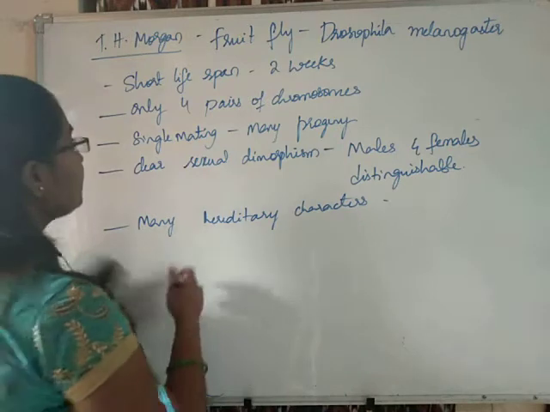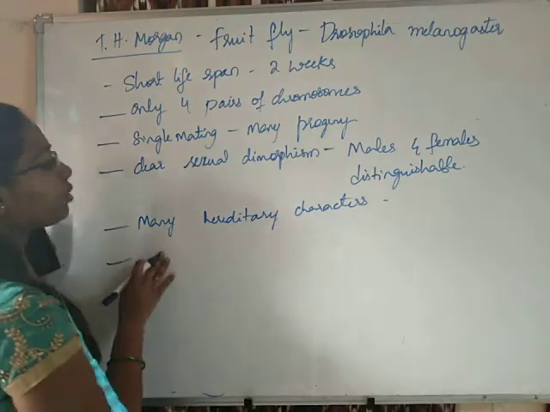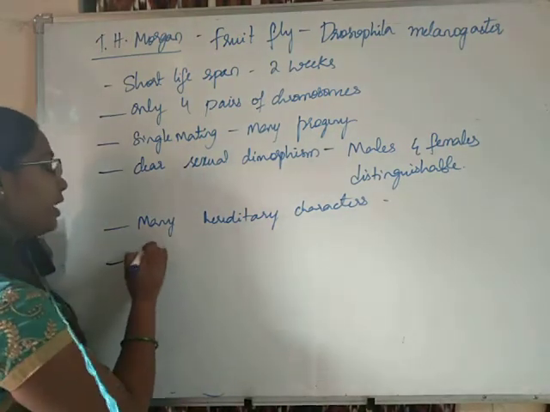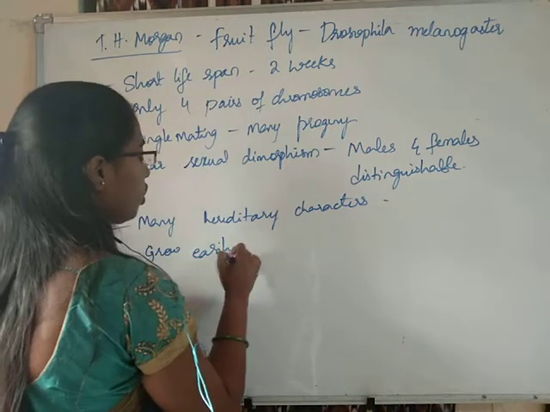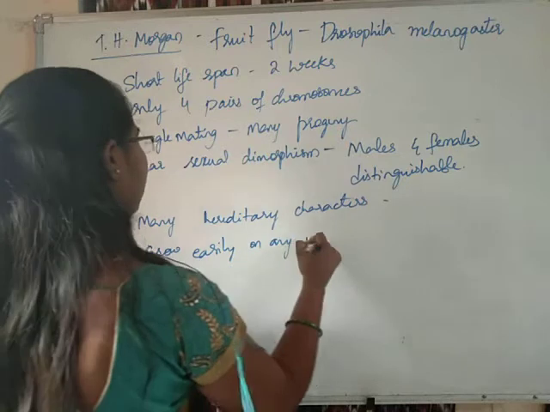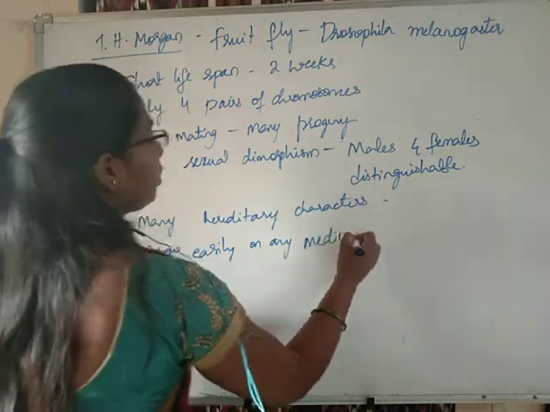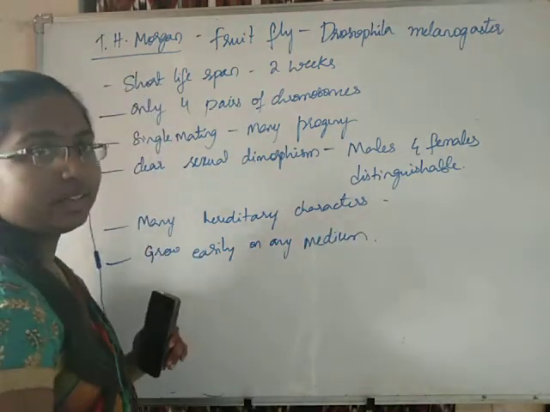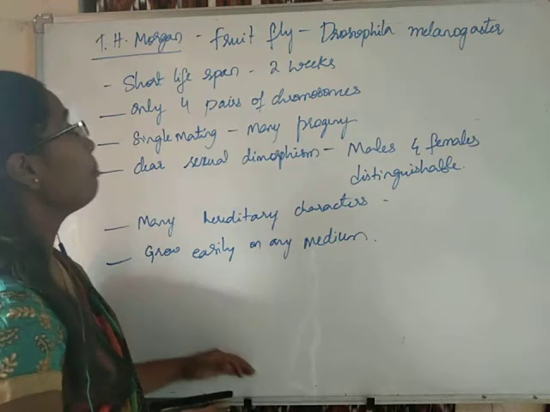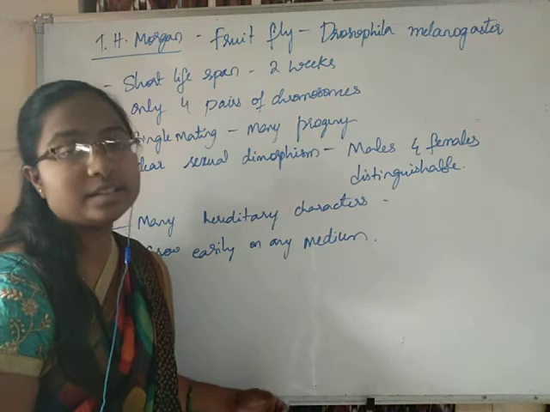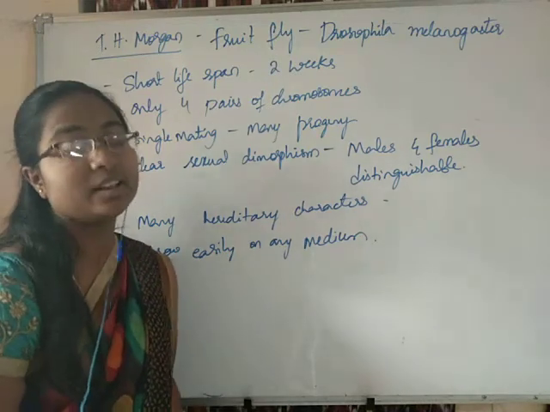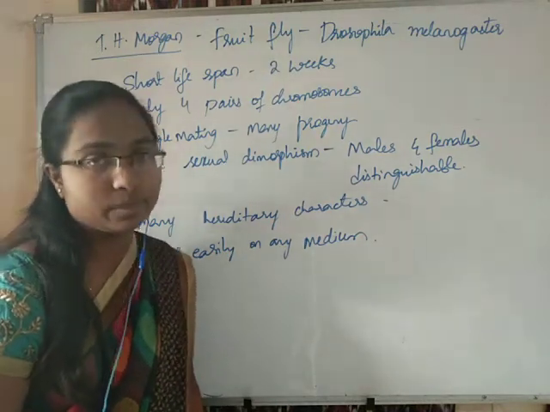One last thing, it can grow easily on any medium. These are the features by which T.H. Morgan selected the fruit fly for his experiments. Let us now learn what experiments T.H. Morgan performed.